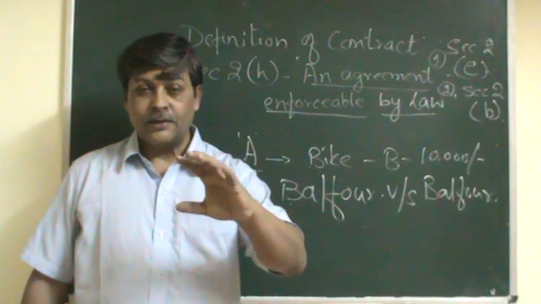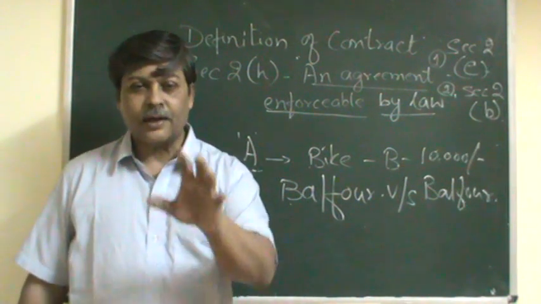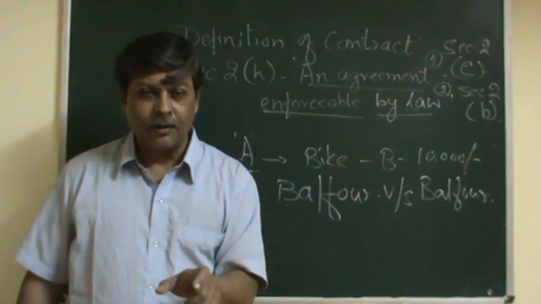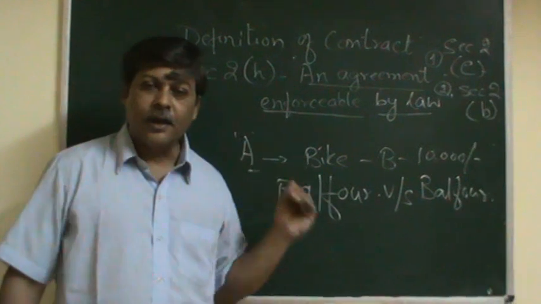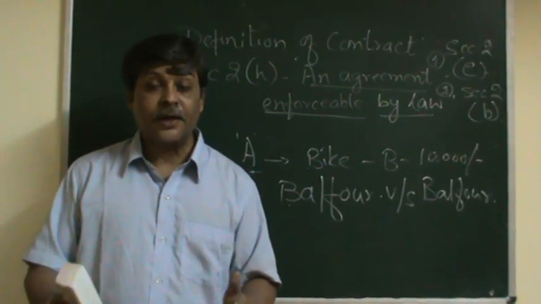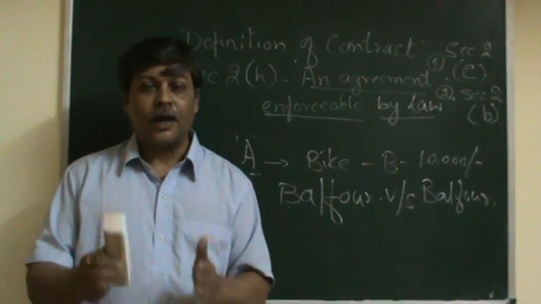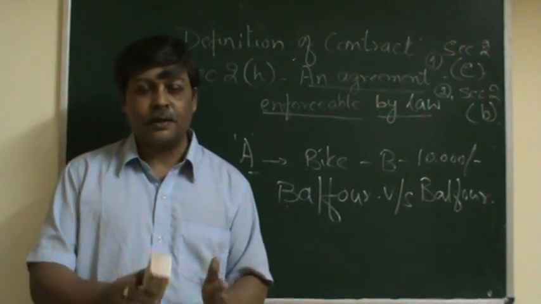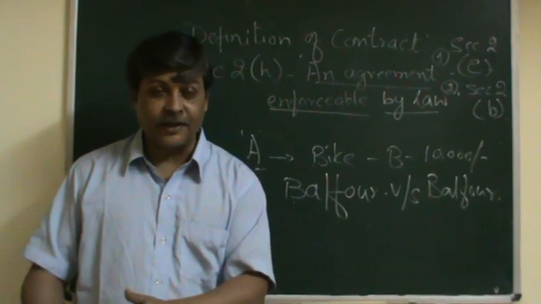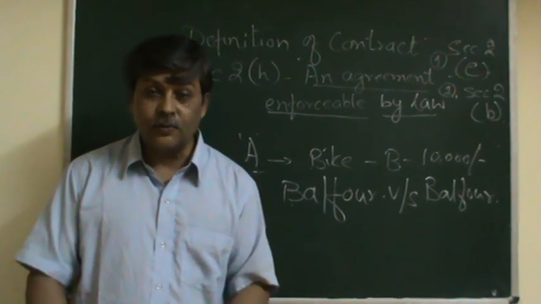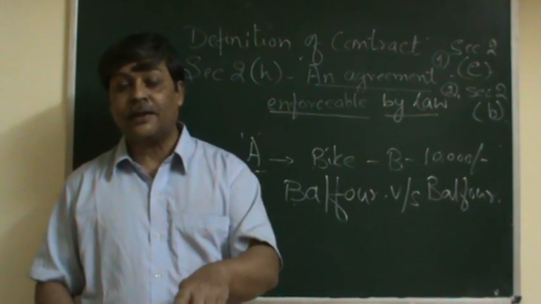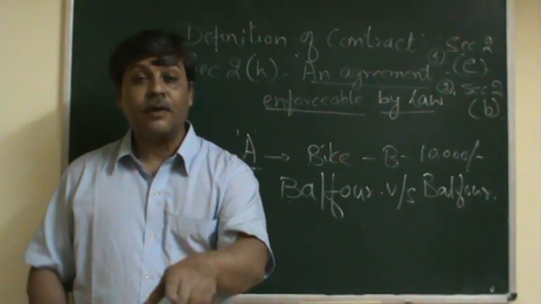Now, just to make the point clearer, if I change the facts, you can understand this better. If Mr. and Mrs. Balfour are separated and there is a divorce between them, and the court orders that Mr. Balfour has to pay a certain amount to Mrs. Balfour for maintenance, and if Mr. Balfour had failed to pay that amount, Mrs. Balfour would have succeeded.